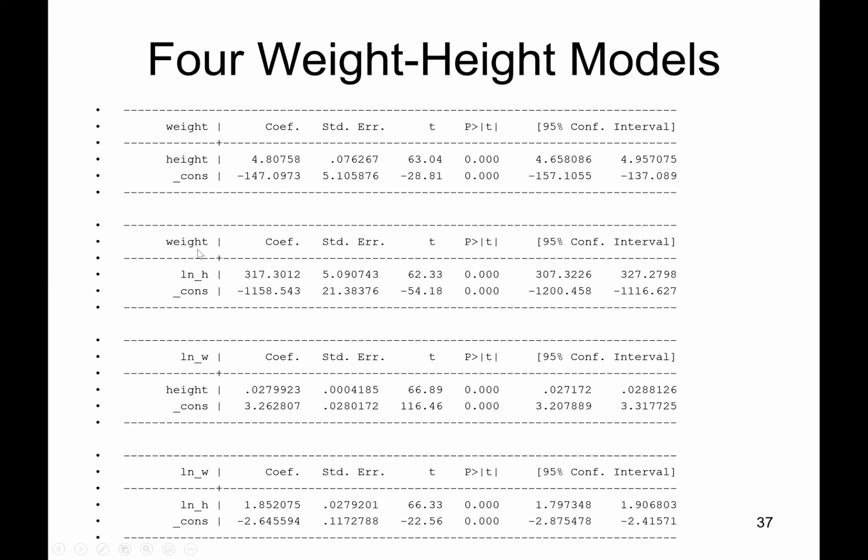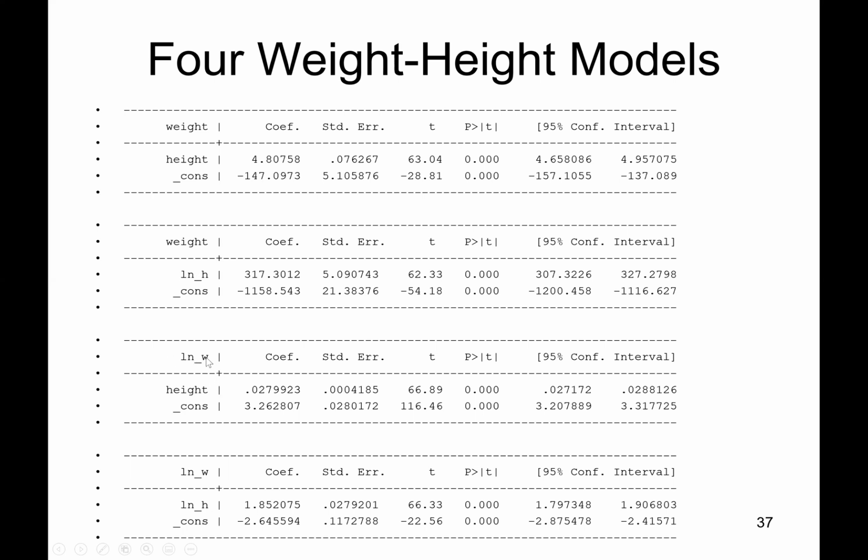Then we drop down to the second model, where we still have weight as the dependent variable, so you know that we're talking about unit changes in weight, but we've converted height to natural log of height on the independent variable side, which will give us a different coefficient. I'll go over that in the next slide.